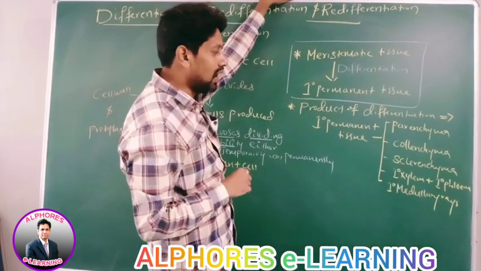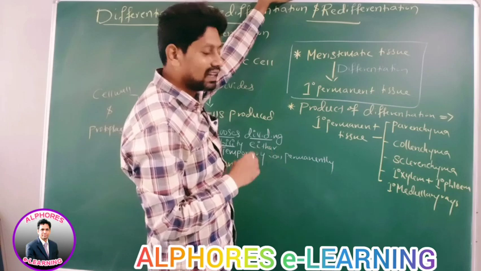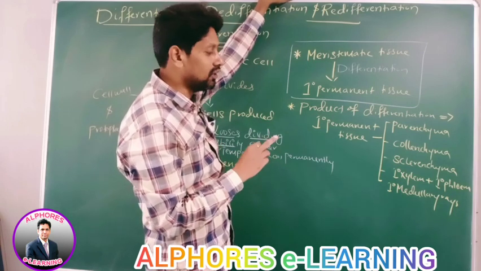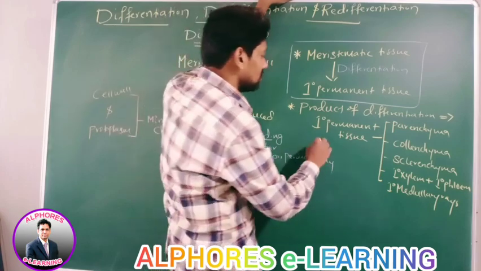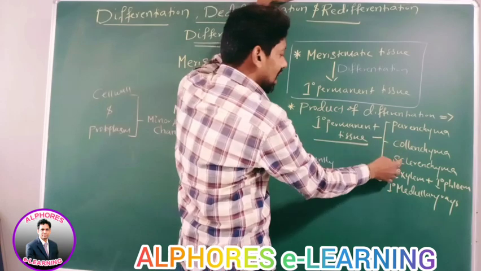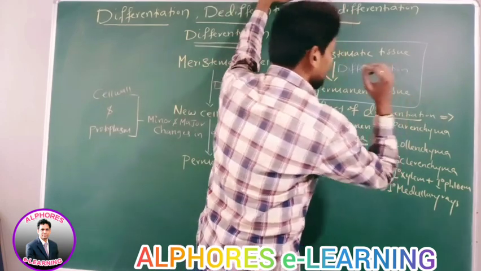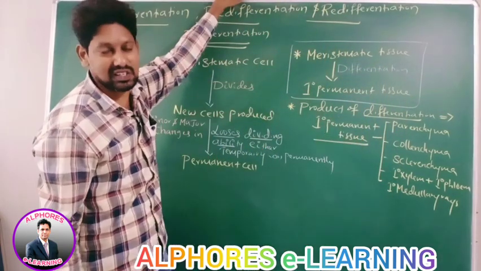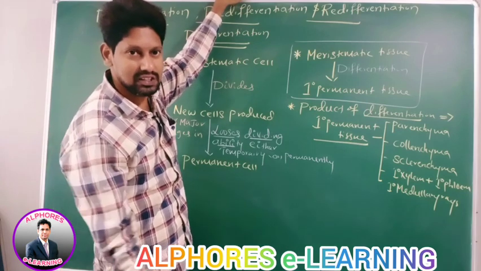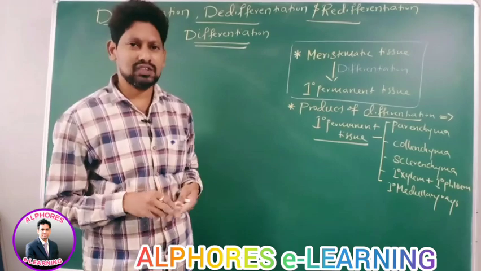Therefore, parenchyma, collenchyma, sclerenchyma, primary xylem, primary phloem, primary medullary rays, all these are which tissues? Primary permanent tissues. It means all these are produced by the differentiation process. Is it okay? Listen to this statement.